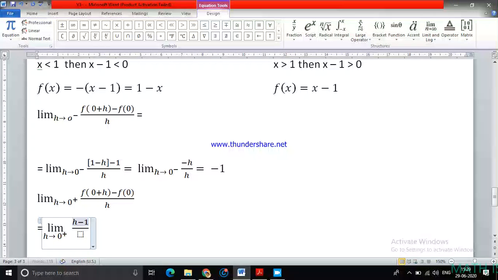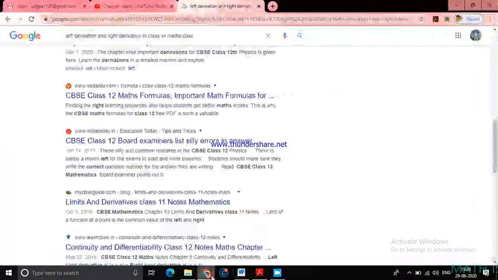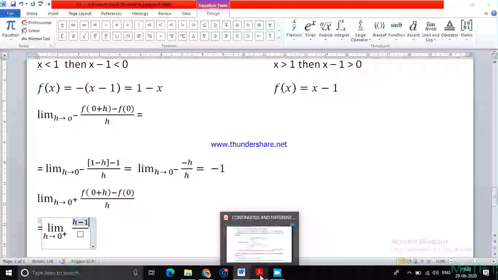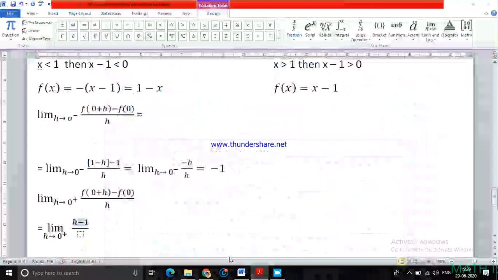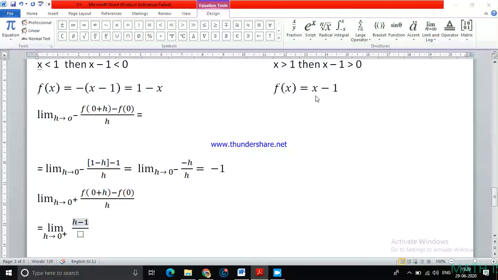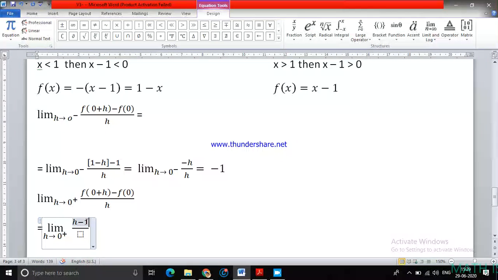The right limit is also minus 1 only, right? So it will be h minus 1, which is f of 0 plus h, minus f of 0, which is minus 1, upon h.